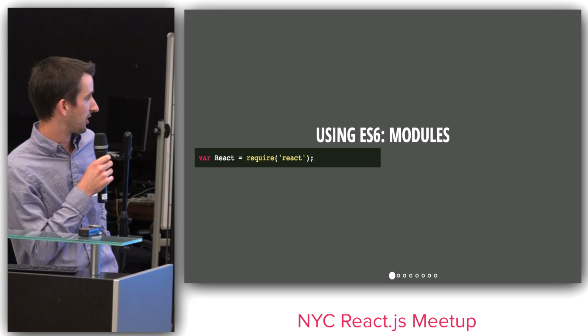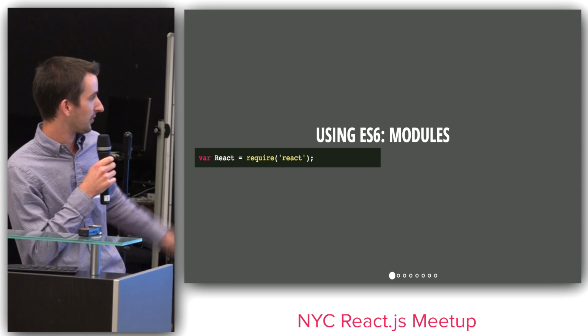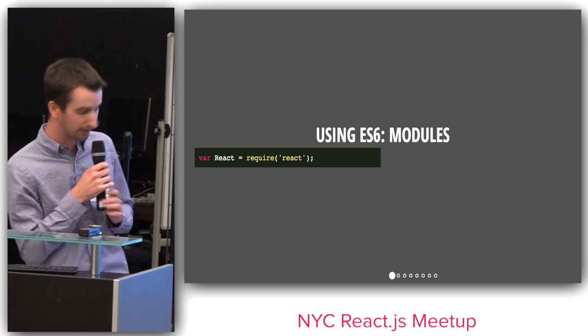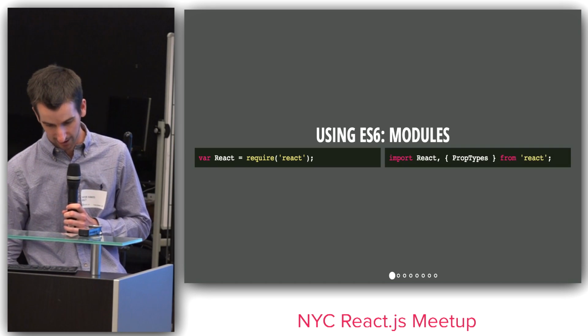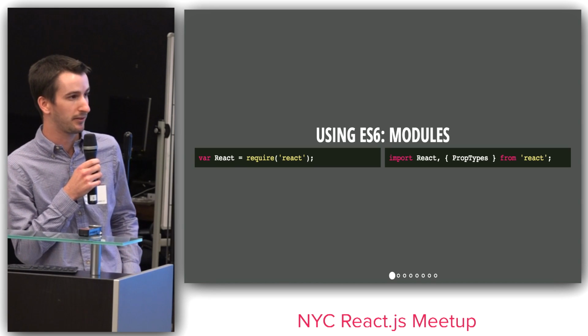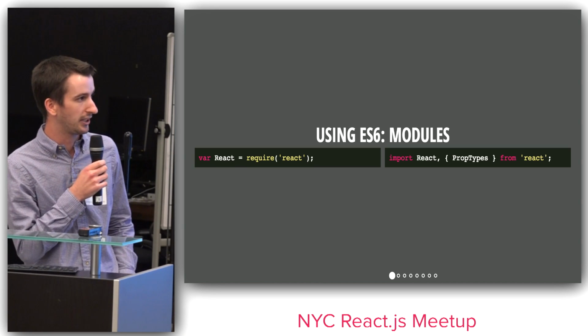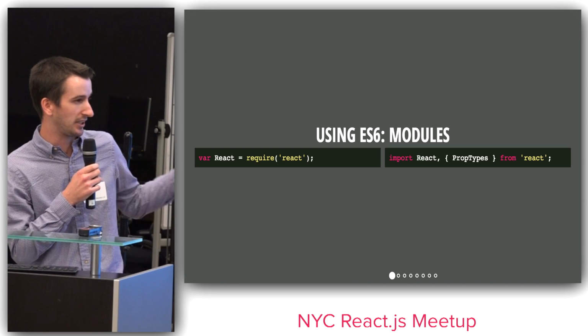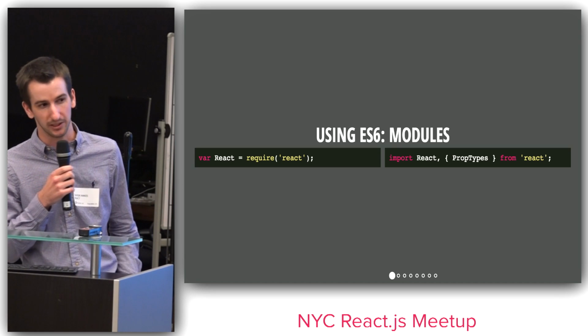In this case, I'm using ES6 modules. Here's the standard module I had before with require. I can actually use an import statement, and this is an ES6 import. What this gains you is that eventually browsers will support modules, and you won't need to compile all your files into one big giant file.